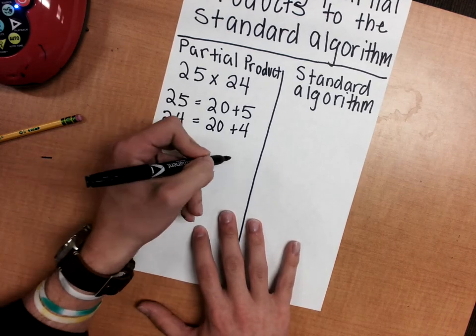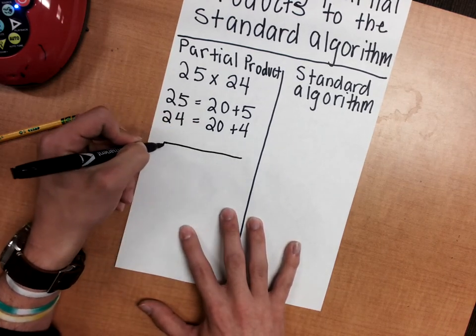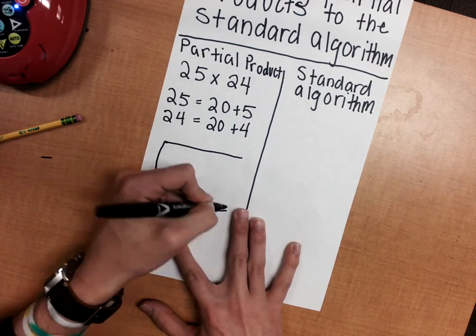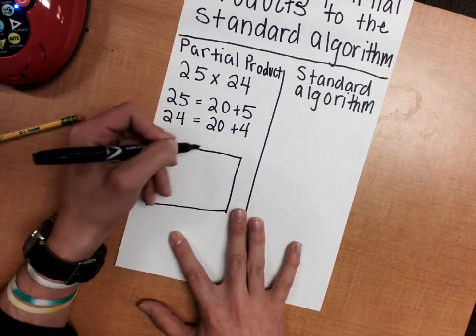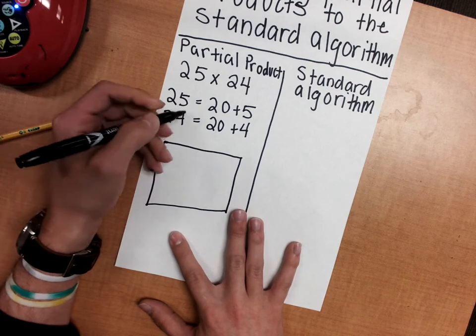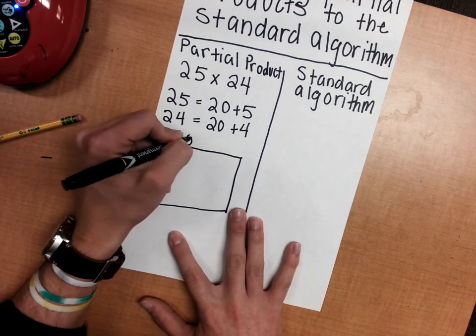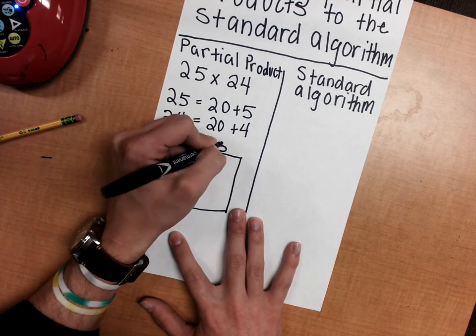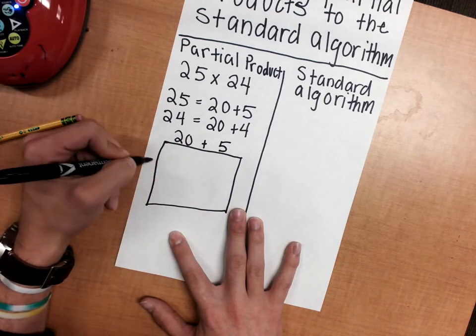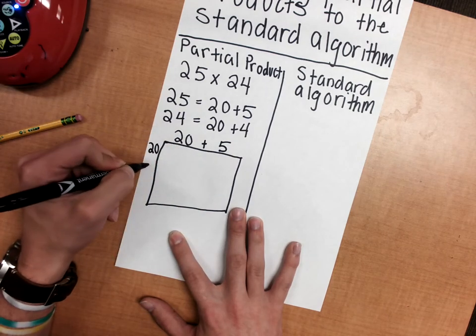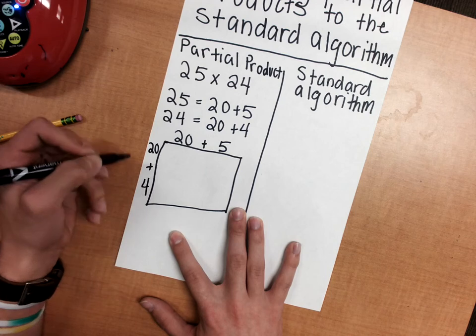The next thing that we do in our partial products is we create the box, is what I tell my students, or how I call it. And so we create our box, and I'm going to put 25 on the top, so 20 plus 5, and then on the side I'm going to put 20 plus 4.